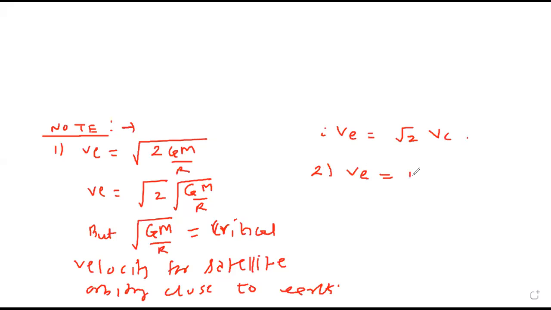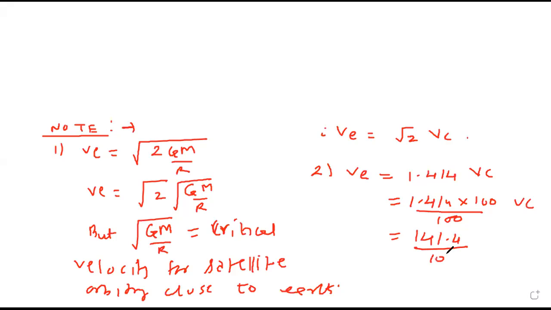Now root 2 means what? Can I write 1.414 VC? Now 1.414, if I arrange in percentage by multiplying with 100 and dividing with 100, this becomes 141.4 upon 100. That means how much percent is VE greater than VC?